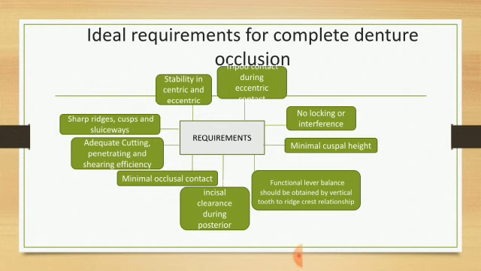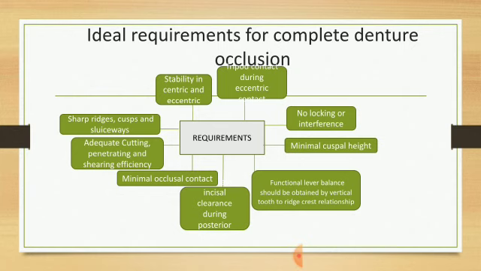So in all, let us list the requirements again. Firstly, stability. There should be stability in centric and eccentric contact. Second, there should be tripod contact during eccentric contact. Third, there should be no locking or interference. Fourth, to avoid locking or interference, there should be minimal cusp height. Fifth, adequate distance of the teeth from the residual ridge should be maintained.